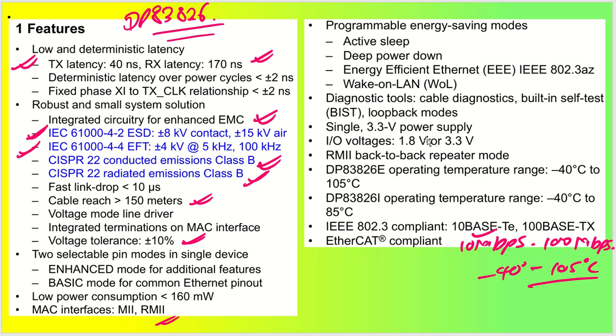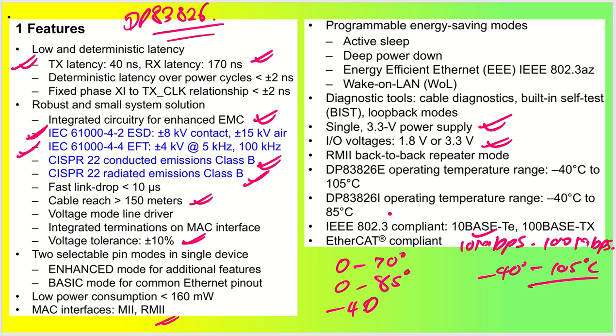Okay, and the other thing is we have to see what the supply ranges are, like it is capable of a 3.3 volt power supply, only one is enough, and it has an IO capability of 1.8 volt and 3.3 volt. At the same time it has a temperature range of minus 40 degree centigrade to 105 degree centigrade. There are all other temperature ranges available, which is 0 degree to 70 degree, then 0 to 85 degree, right?